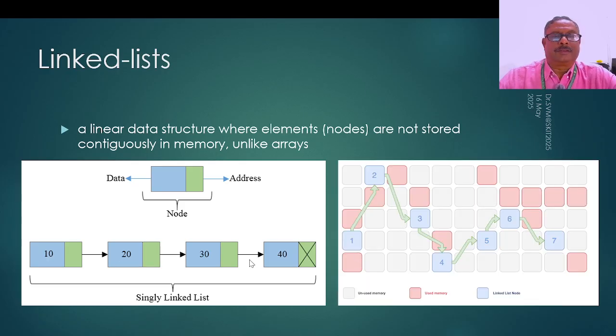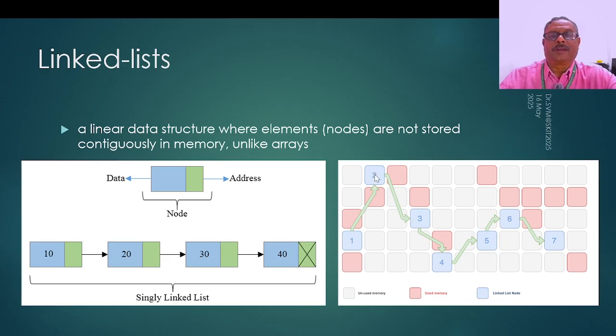Now, exactly how does this look? We are trying to save seven data, and we found that the blue locations are available for storing. Here we store the first data, and the second data is stored here. From the position where the first data is stored to the position where the second data is stored, we have an arrow, a link. That means in the address field, we write where the second node is situated.